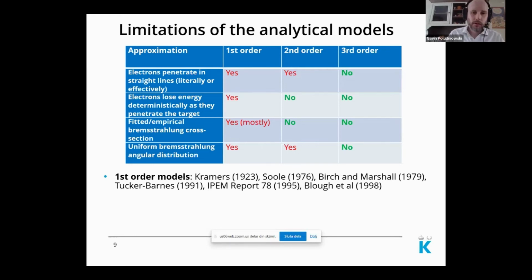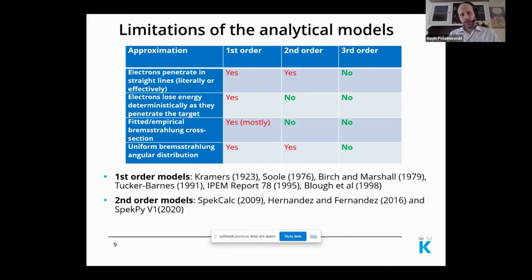And also, in all these models, they assume that when you actually have a Bremsstrahlung emission, it's equally likely to be in any direction, regardless of the electron's direction, which is not true. But if you assume electrons are equally likely to be in any direction, then if that was true, it wouldn't make a difference. So these are approximations, and they're not necessarily stupid, but they are approximations and limitations to the model.